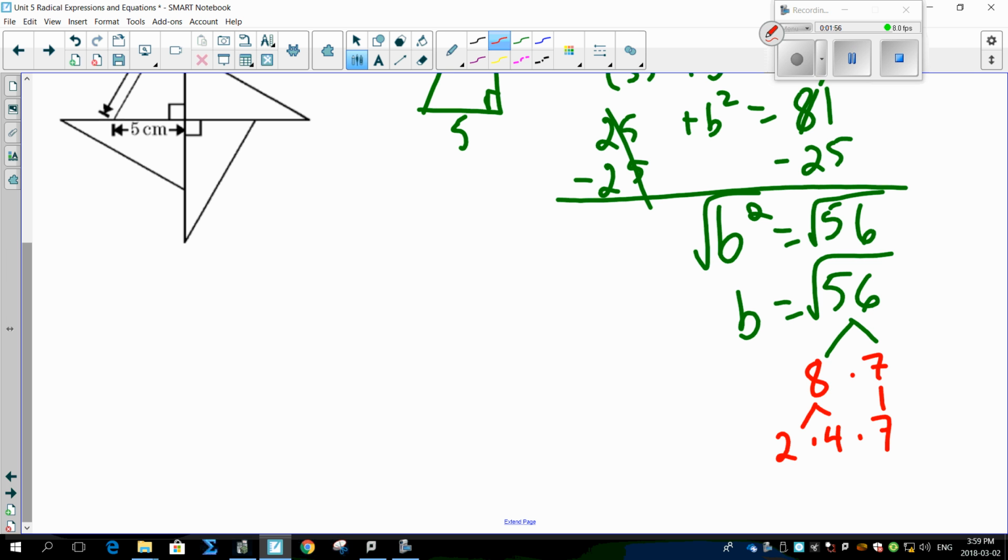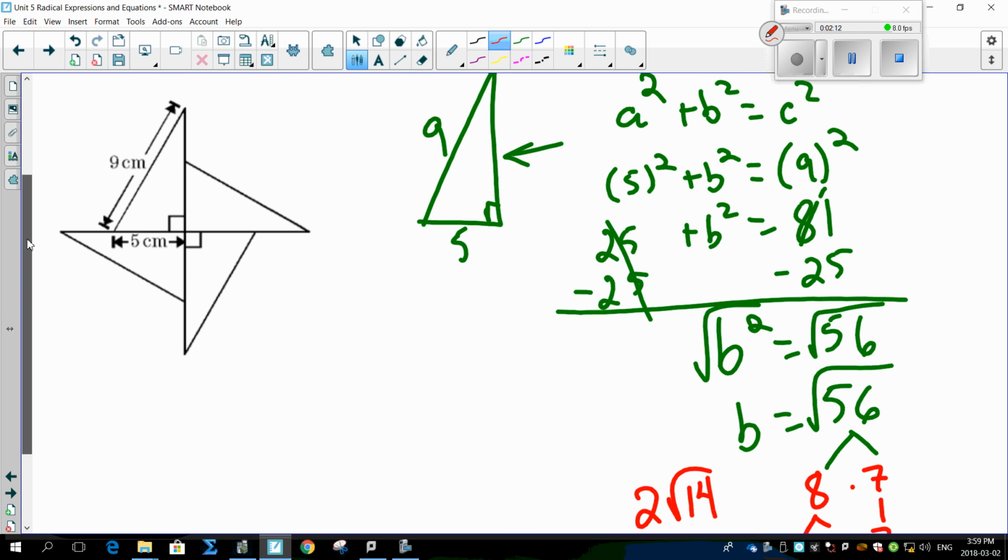There's that 7. We know that we can break the 2's down here. Okay, perfect. Look at that. Now there's your pair. So you can have 2, and what's left? Root 14. So this actually works out to be, if you go over here, this is 2 root 14.